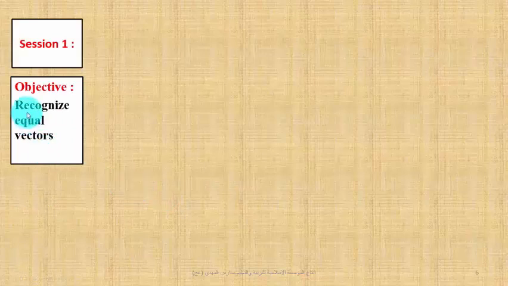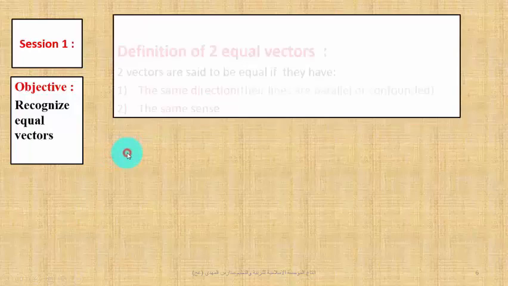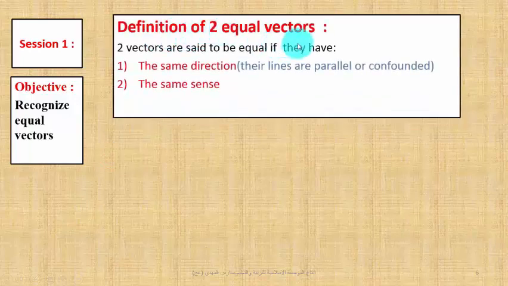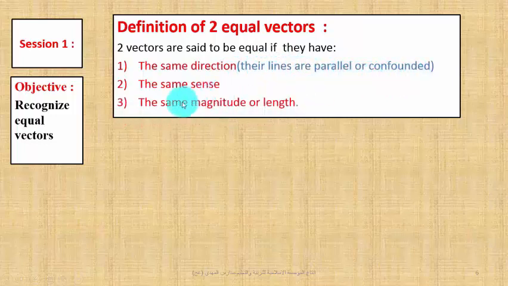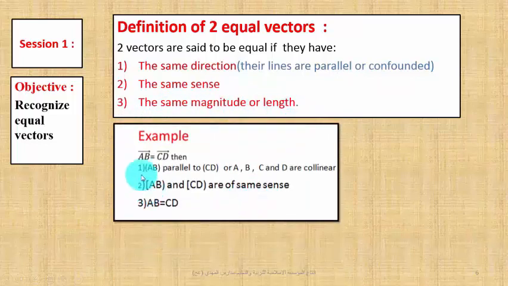Now, my students, we will recognize equal vectors. Definition of 2 equal vectors. 2 vectors are said to be equal if they have the same direction, their lines are parallel or confounded, the same sense, the same magnitude or length. Example.